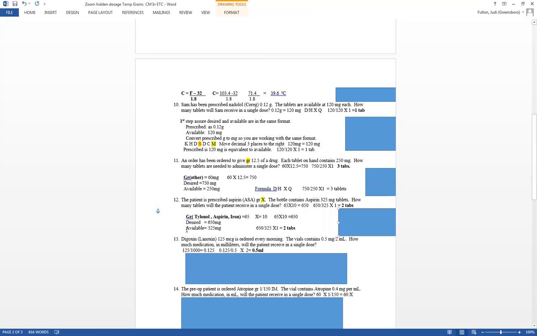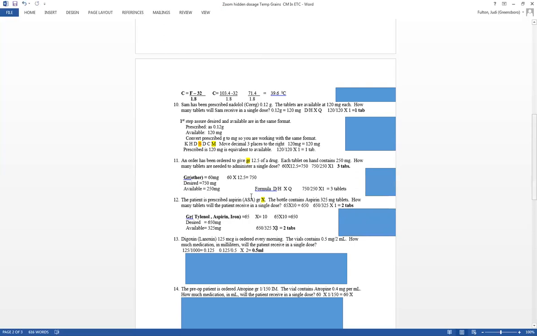Available is 325. So if I'm going to use DHQ again, my desired is 650, my have is 325 times 1. My quantity is 1. So that ends up 650 divided by 325 equals 2. So now I have 2 tablets as my individual dosage.